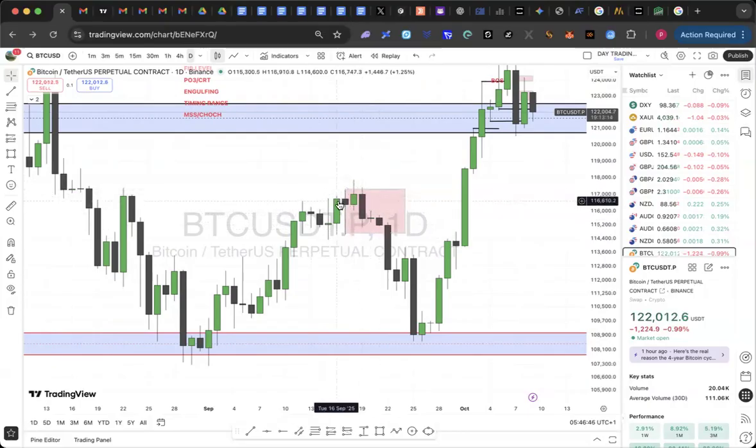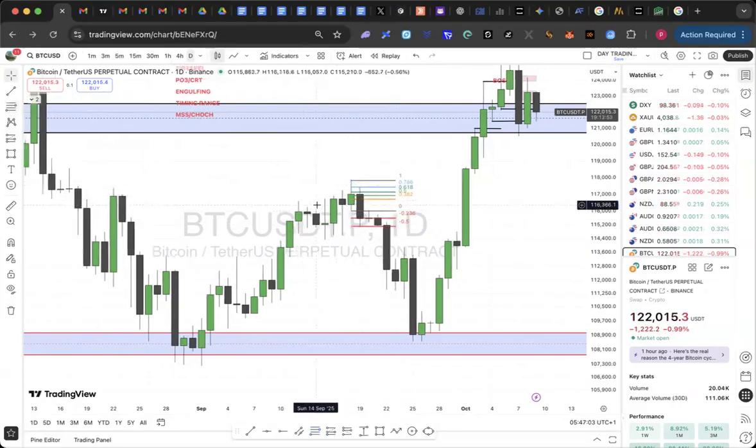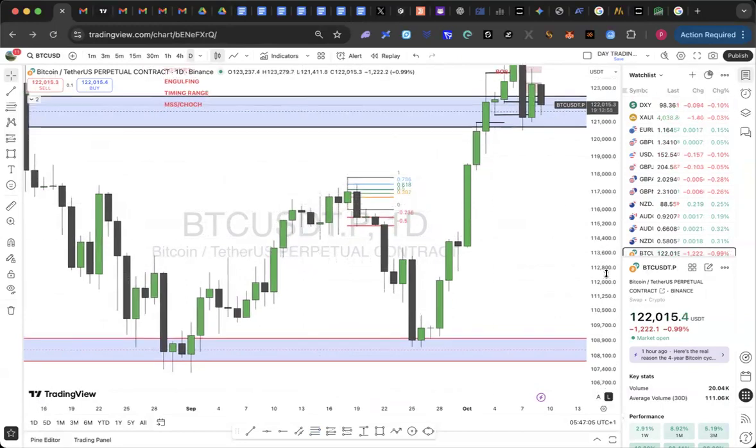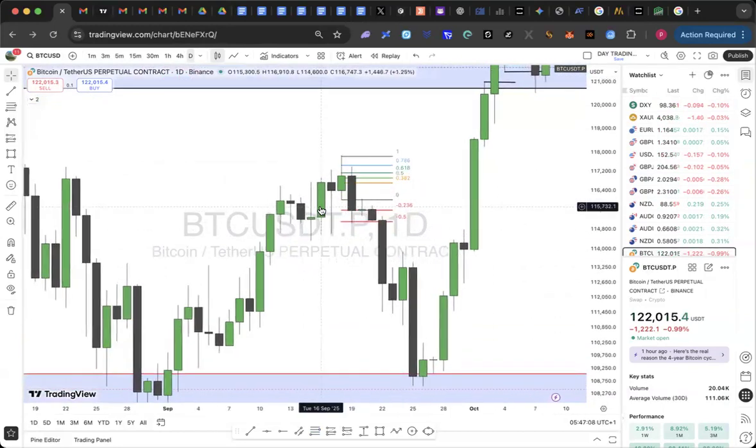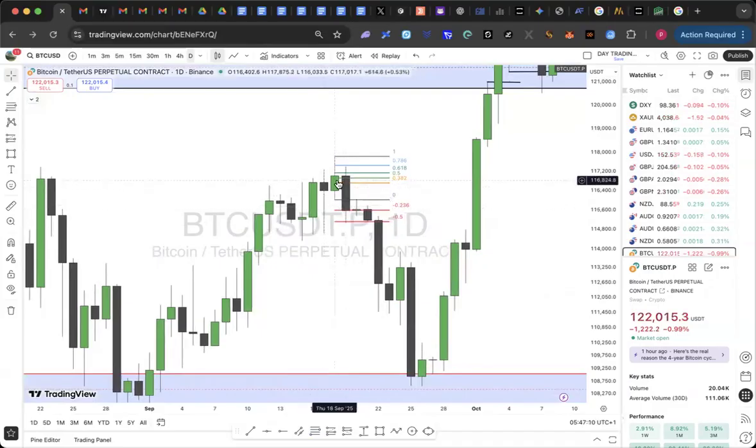After the close of this second candle, you want to look for an entry. I use Fibonacci a lot. I plot my Fibonacci retracement from the high of this candle to the low of that same candle. Then I look for an entry. You go to a lower time frame, maybe 1 hour or 15 minutes. Why does the market travel up to this point?